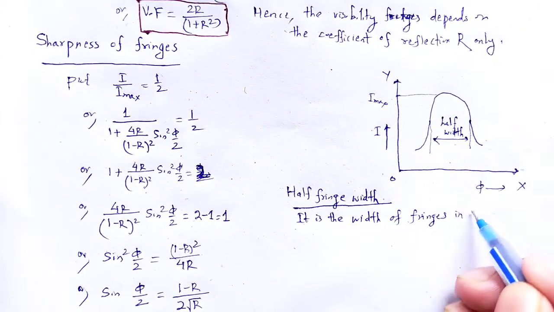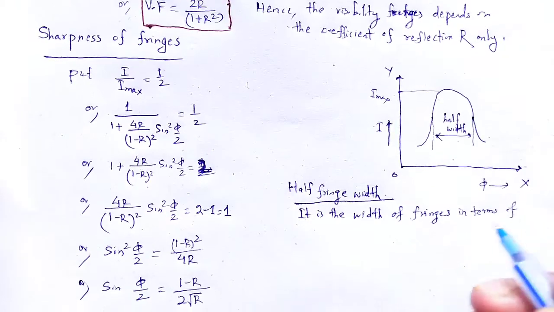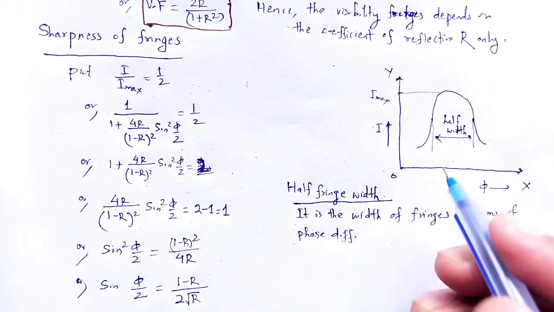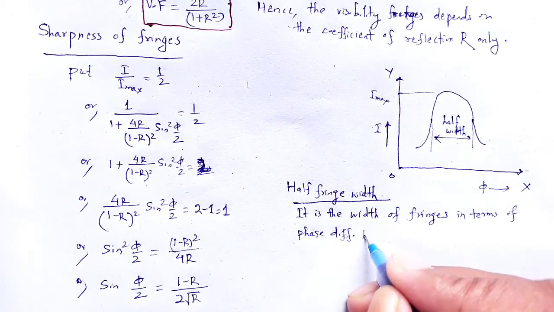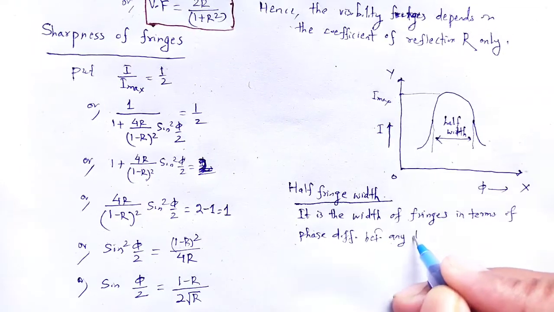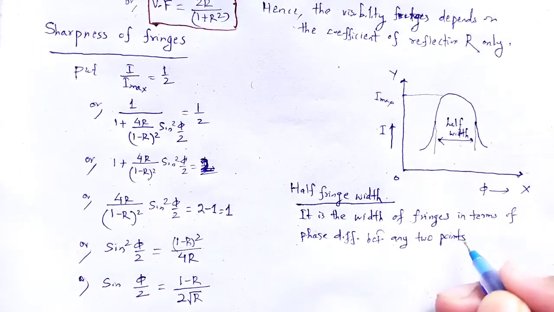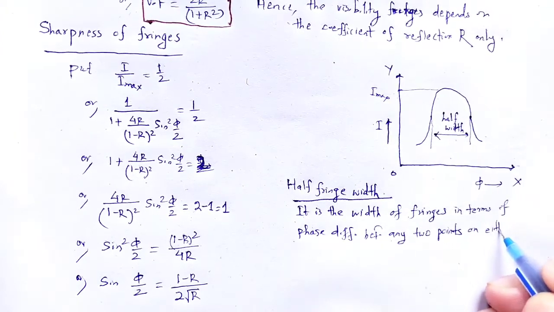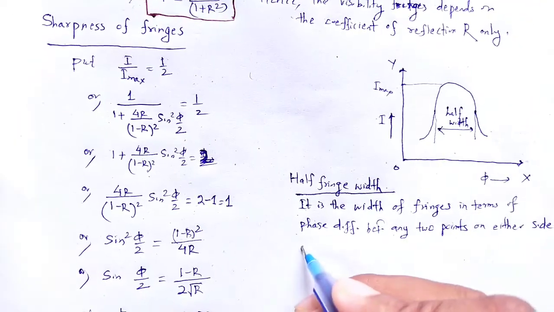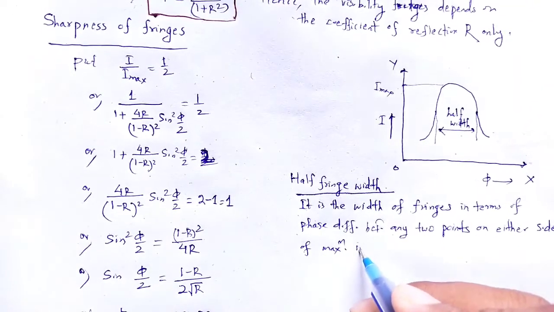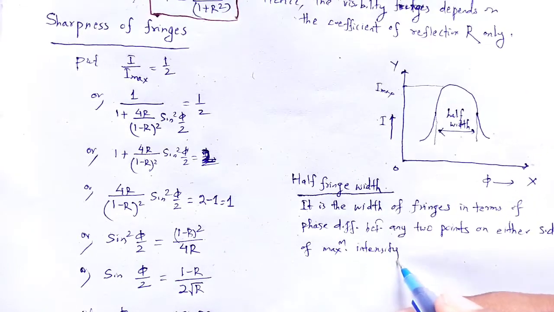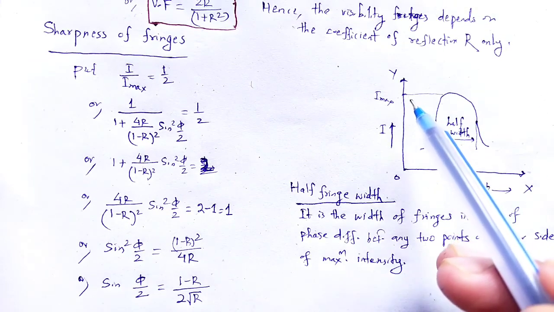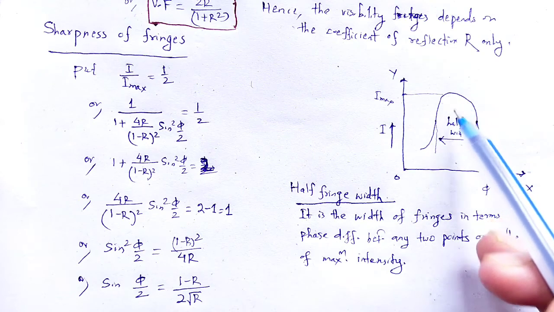Here is the phase difference between any 2 points on either side of the maximum intensity, where I max reduces exactly to half of its value.